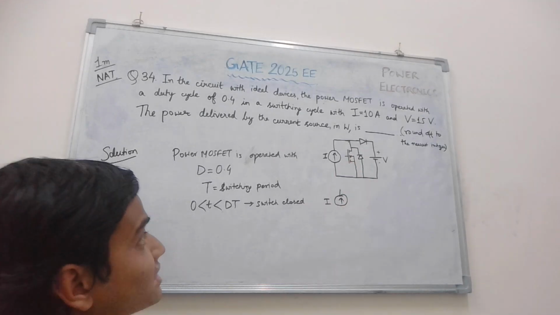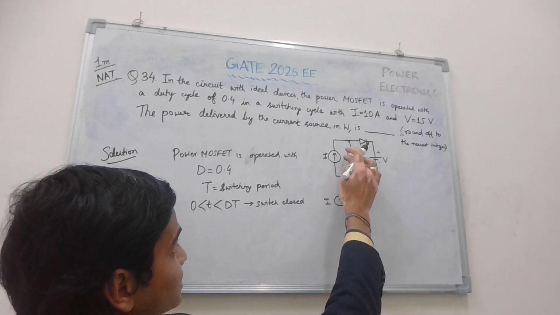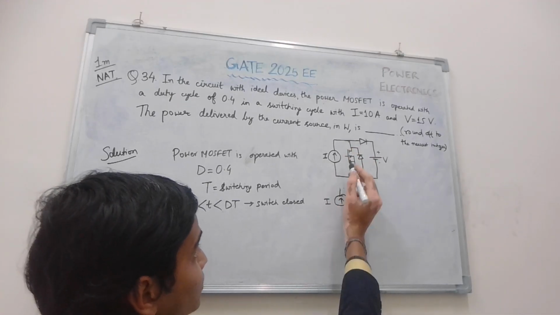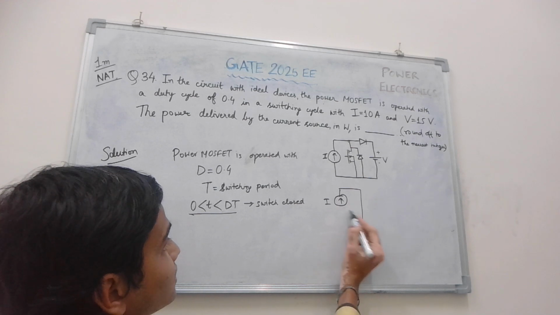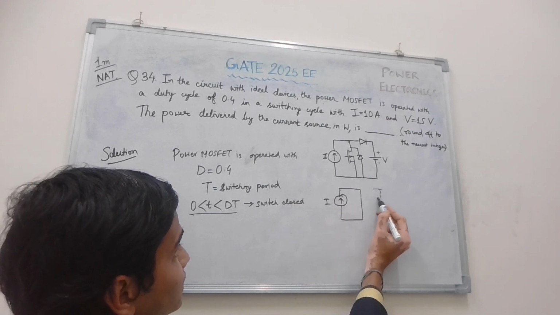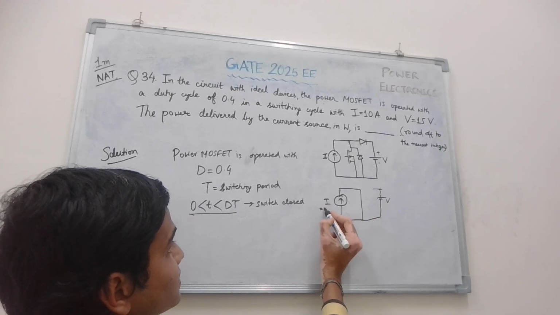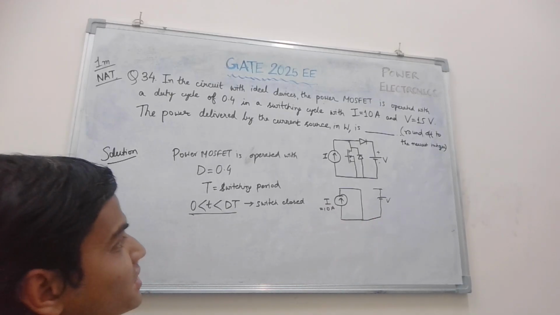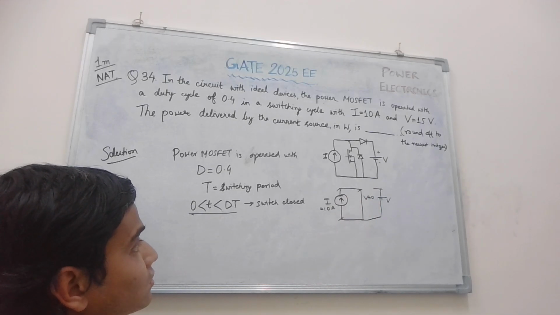Switch closed means it is an ideal power MOSFET, so it will be short, since the gate voltage is given for this time period 0 to DT. The diode will be open. Short means the voltage across the current source is 0.